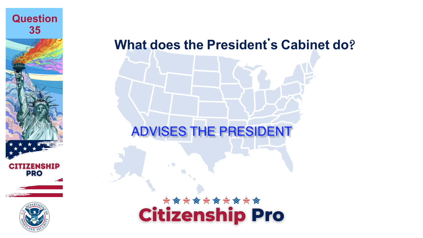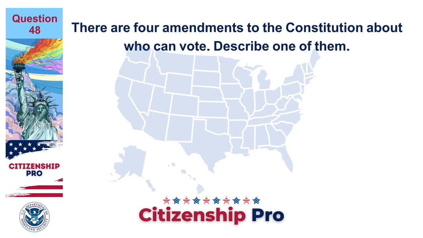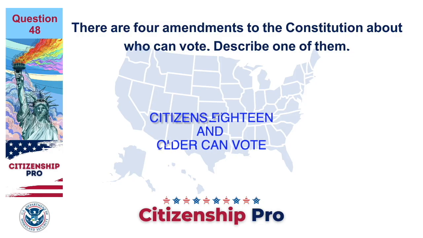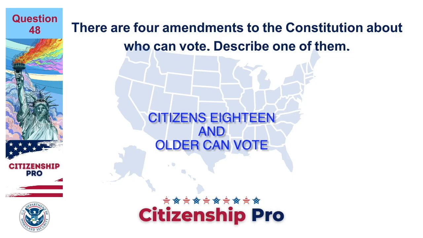Advises the President. There are 4 amendments to the Constitution about who can vote. Describe one of them. Citizens 18 and older can vote.